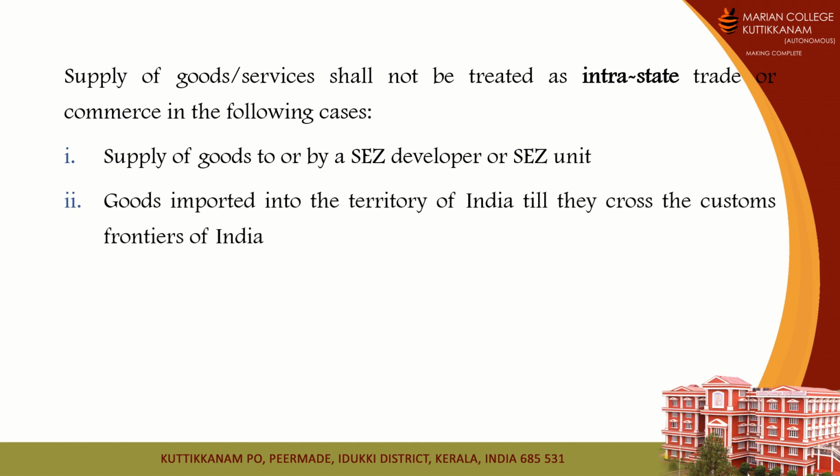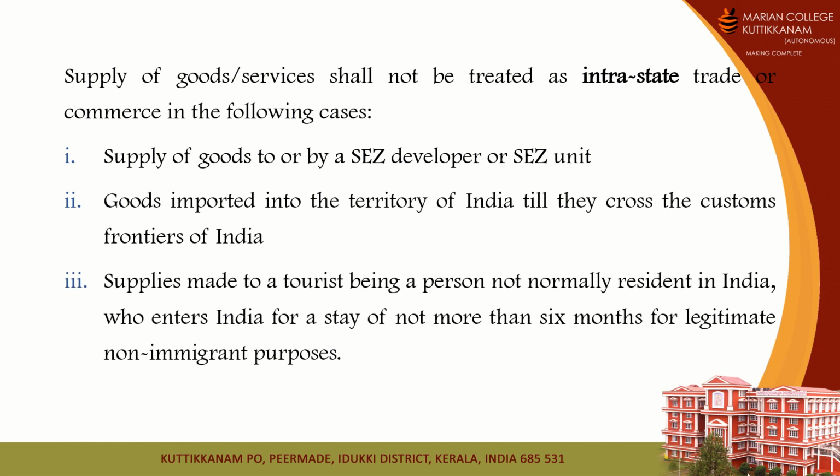Then 2. Goods imported into the territory of India till they cross the customs frontiers of India. Till they cross the frontiers or the boundary of India, it should not be treated as an intrastate supply. And 3, supplies made to a tourist, being a person not normally resident in India, who enters India for a stay of not more than 6 months for legitimate non-immigrant purposes.